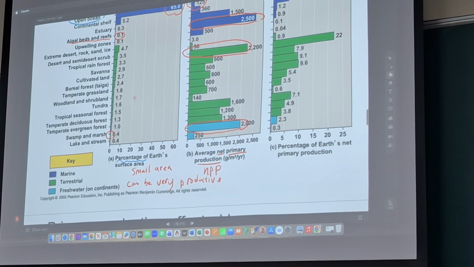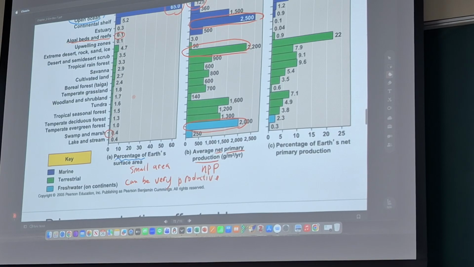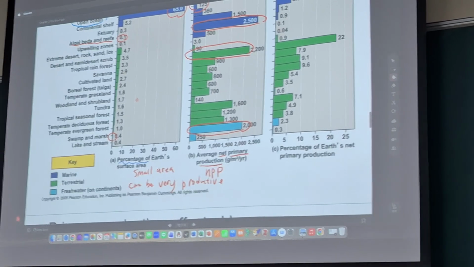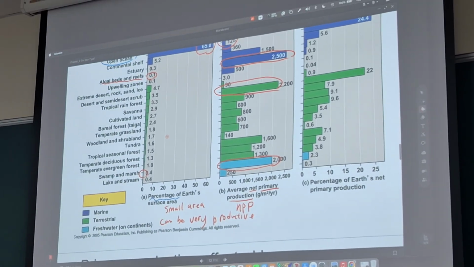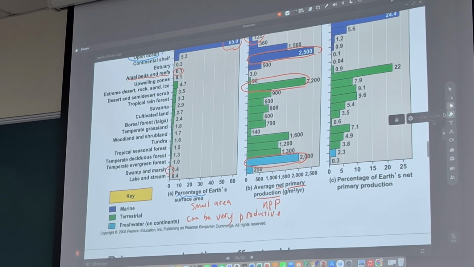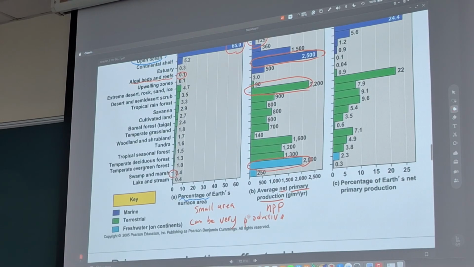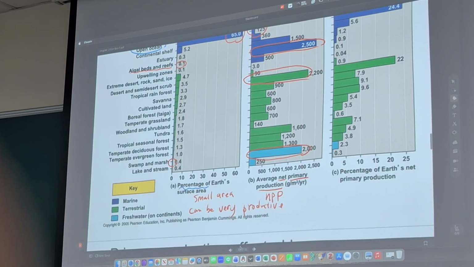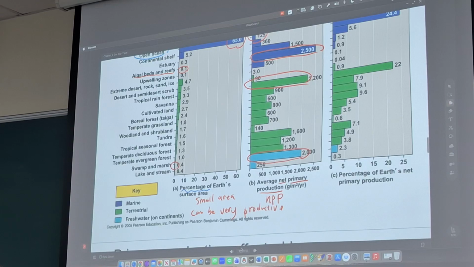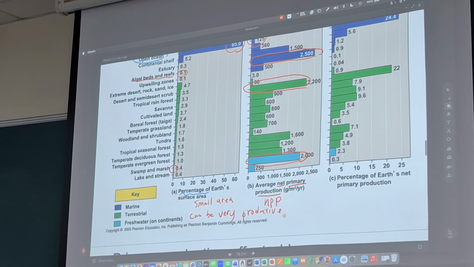Small area can also be very productive. Understand?